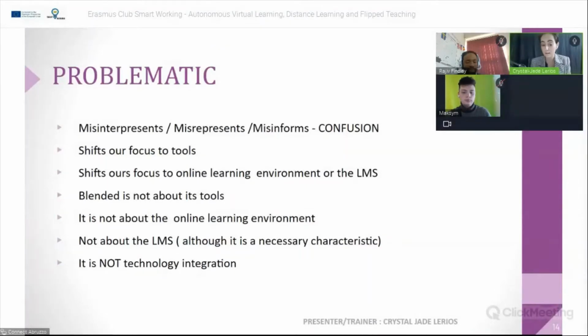And it does all that. But when we say technology, sometimes we think technology integration, but technology integration and using technology in your classroom for the sake of a higher purpose is not necessarily the same. So we're going to look into this a little bit more. Can we go into the next slide, please?